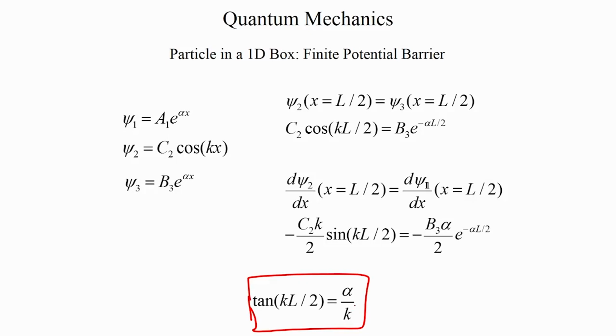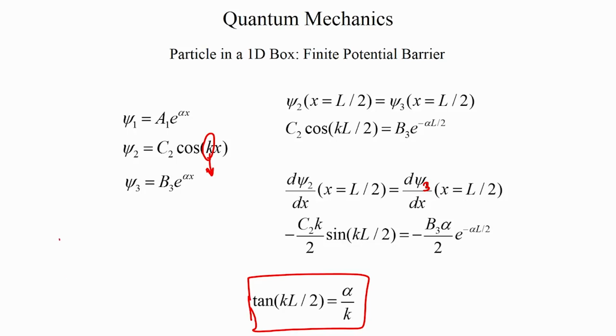Now, k is an important parameter for us because you have k defining the wave number in some sense. Okay. Now, if you ask yourself the question, in the case of an infinite potential well, what were the values k took?